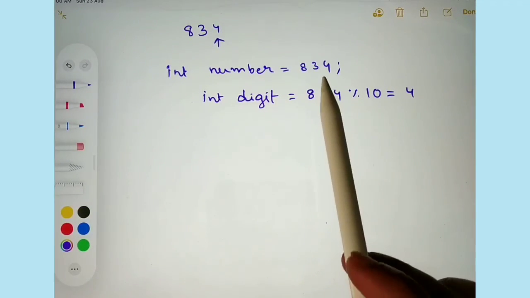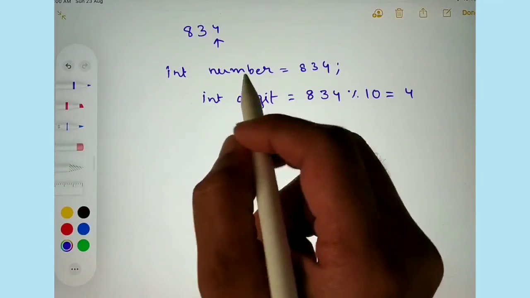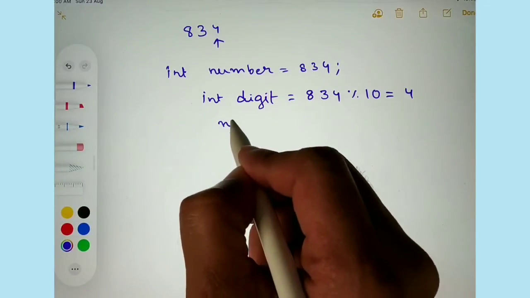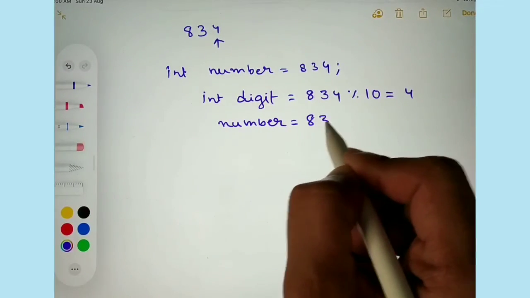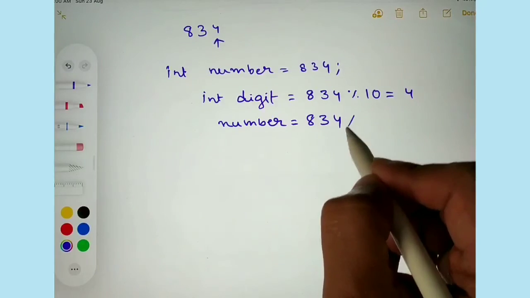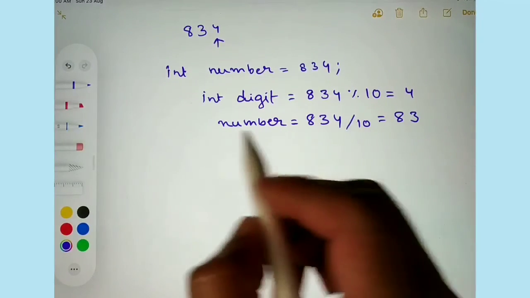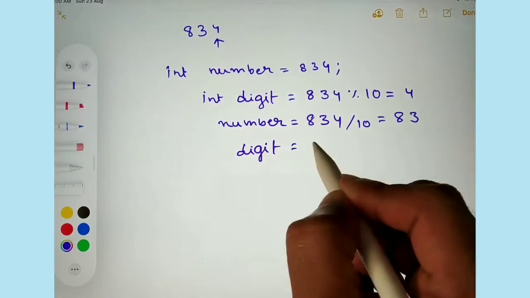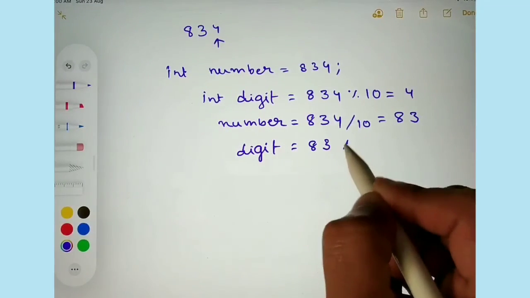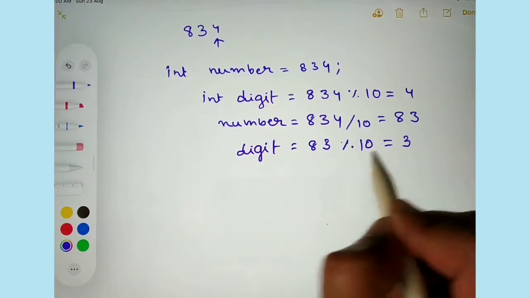And then how do we get the second digit? For that we need to divide the number by 10. This gives us 83, and again I perform mod operation on 83, and this gives us 3.